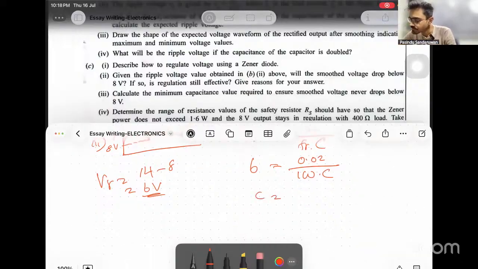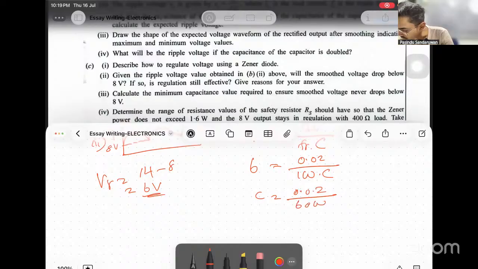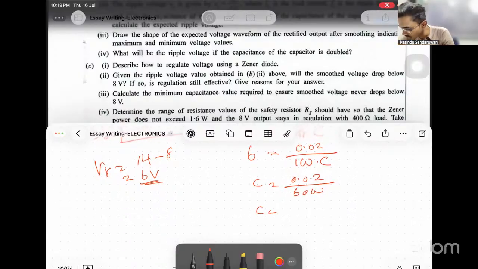So C is given by IL over VR times F, that is 0.02 over 600. Simplify. 2 over 6 is 1 over 3.